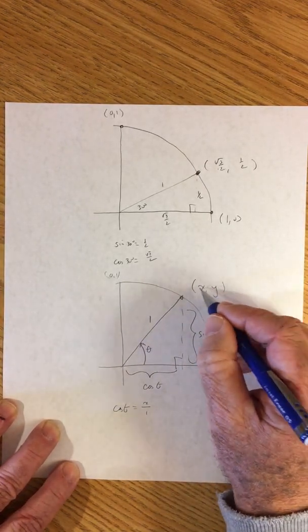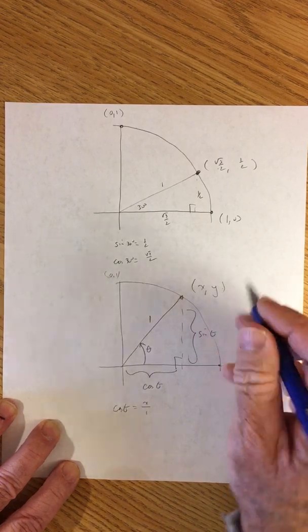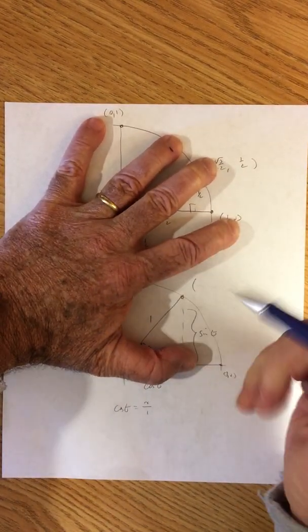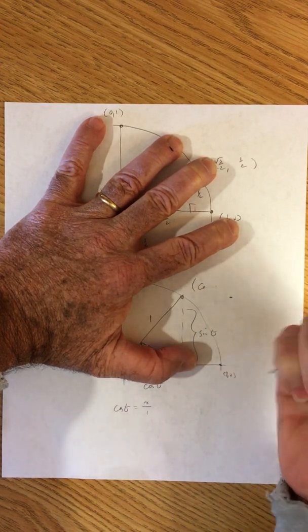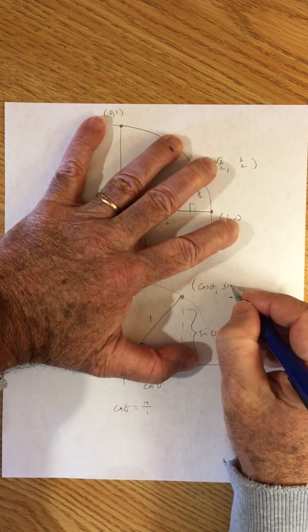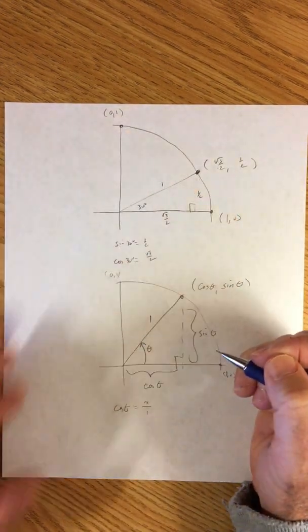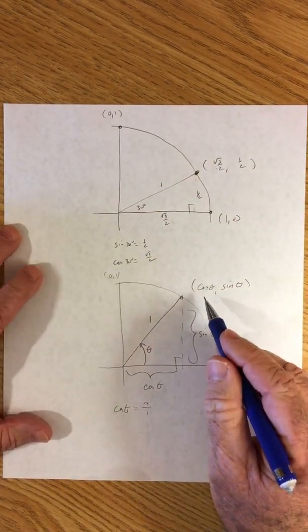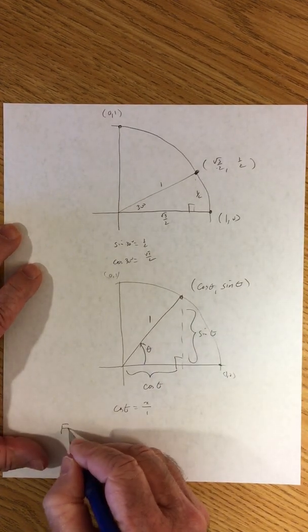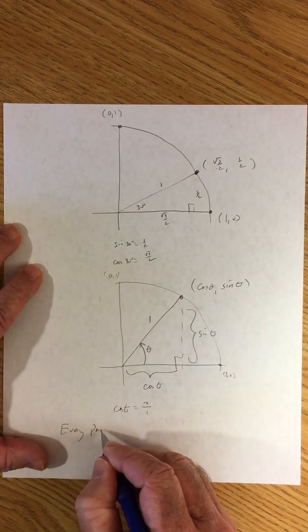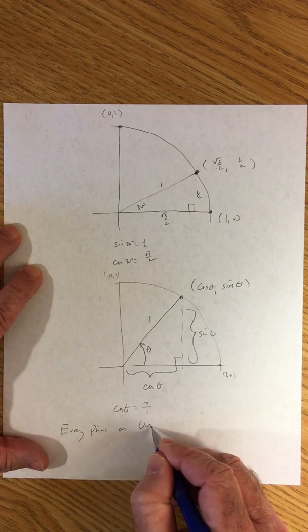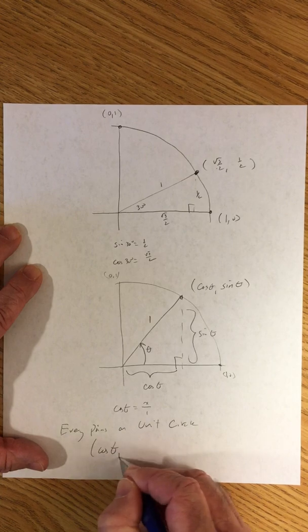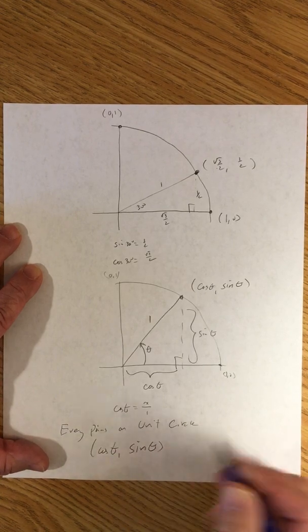So this point, you could label it xy, but better, it's labeled cosine theta, comma, sine theta. So the real important point here of the unit circle is that every point on the unit circle has coordinates of cosine theta, sine theta.